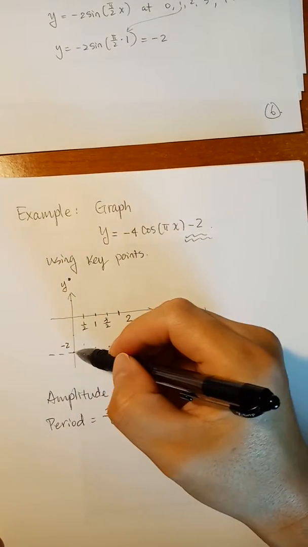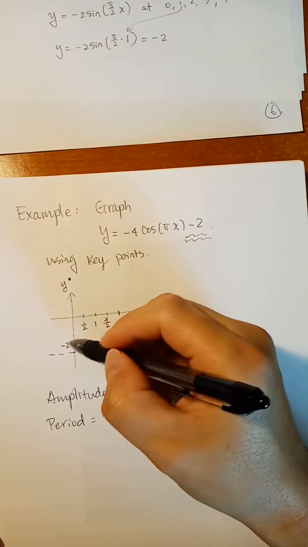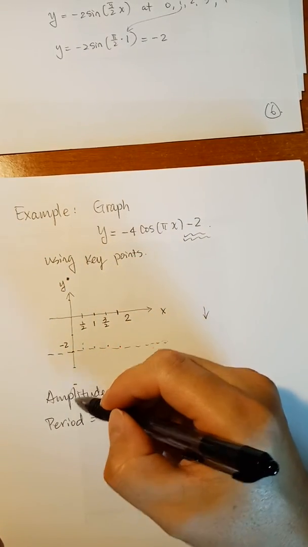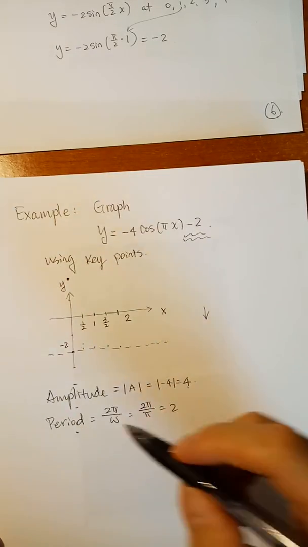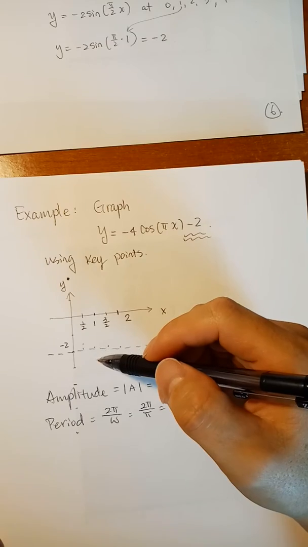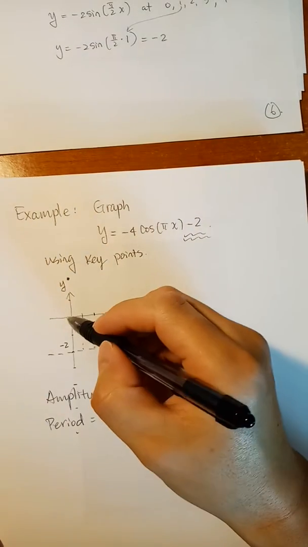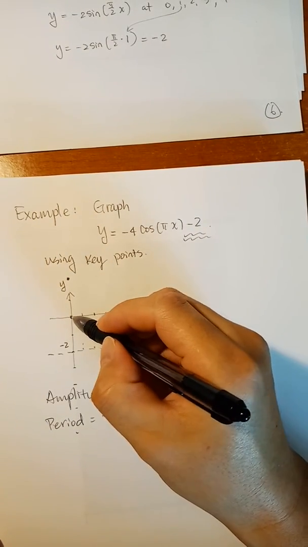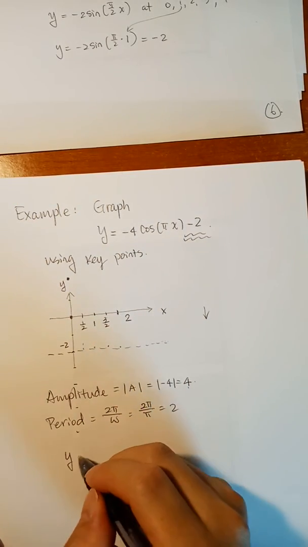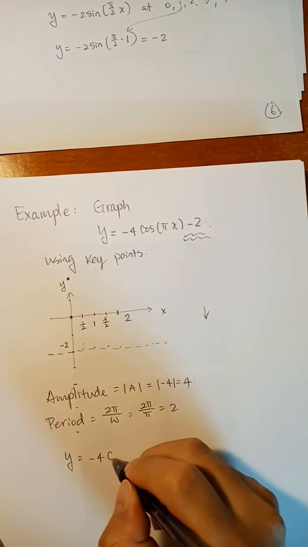So 4 means you start from the baseline, go up 1, 2, 3, 4, 4 units, or go down 1, 2, 3, 4, 4 units here, and then you use the key points 0, 1/2, 1, 3 halves, 2. So you get y equal to -4 cosine.